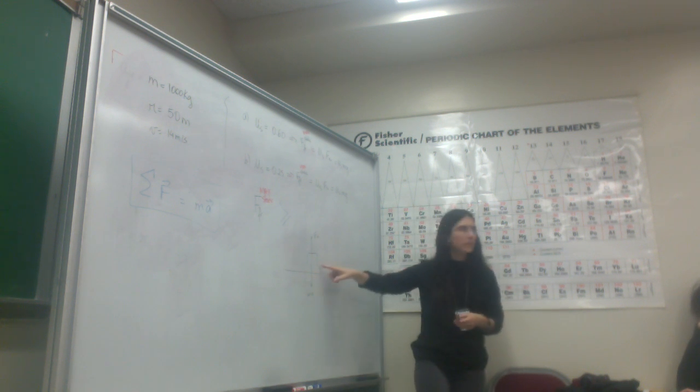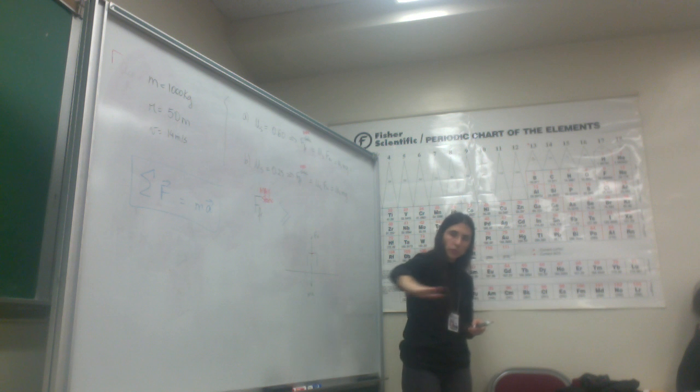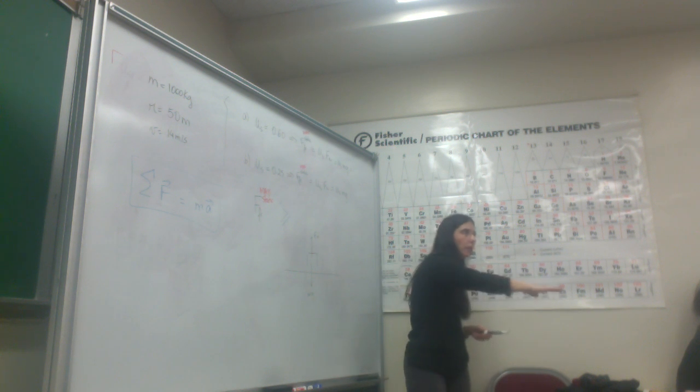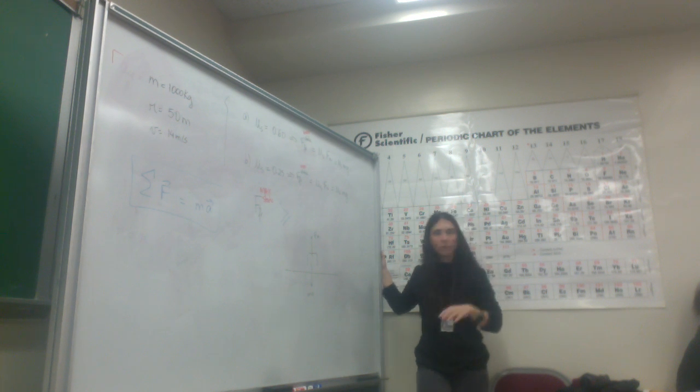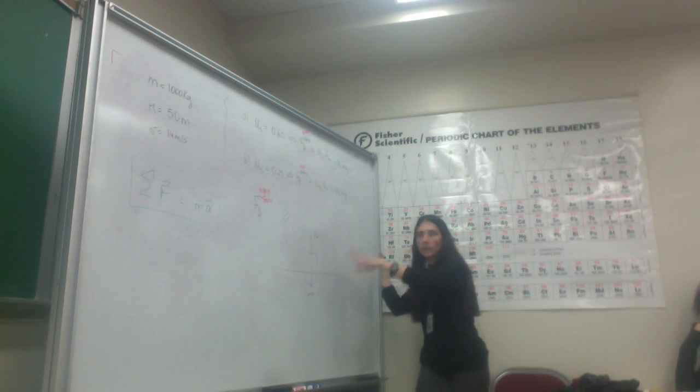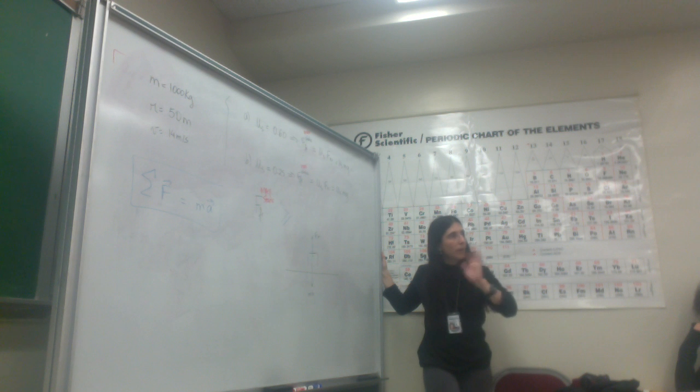This is the car. It's going to curve, but all on the horizontal. So I'm just putting here the forces in the y direction on this car. It just has weight and Fn in the y direction. I'm not putting the x direction yet.